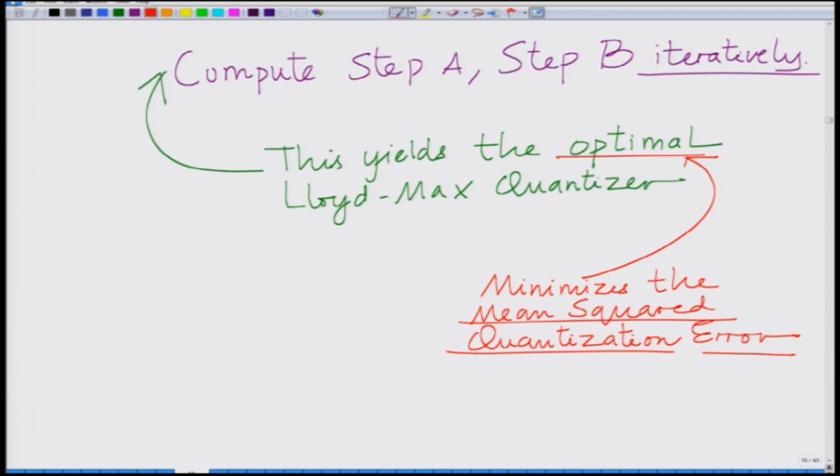So, compute step A and step B iteratively, and that yields the optimal Lloyd Max quantizer, which minimizes the mean squared quantization error. That gives us how to determine the optimal quantizer.